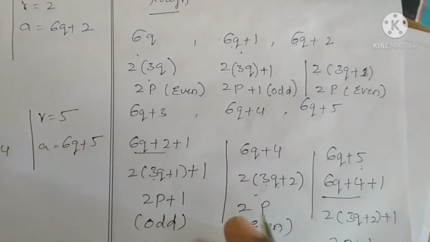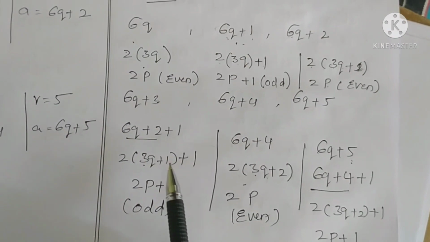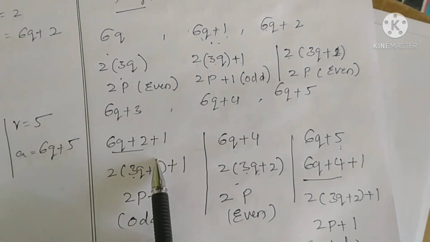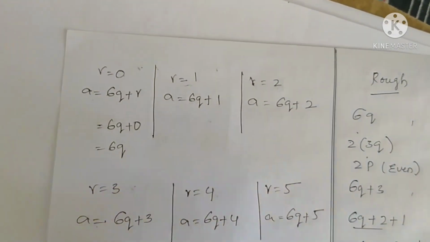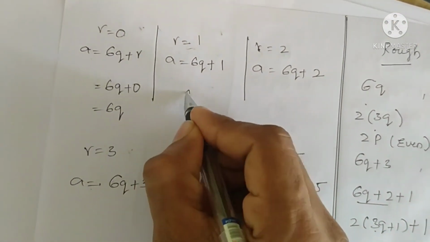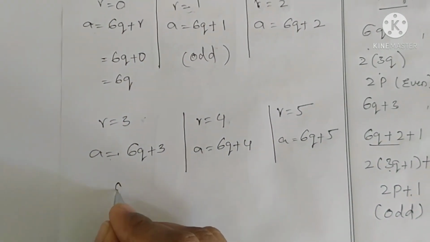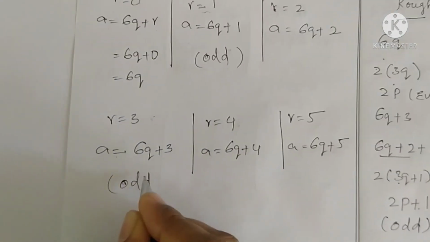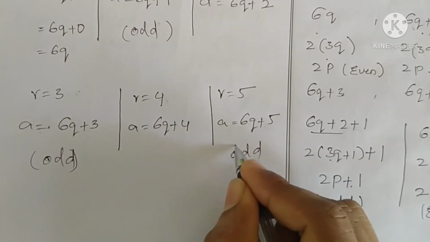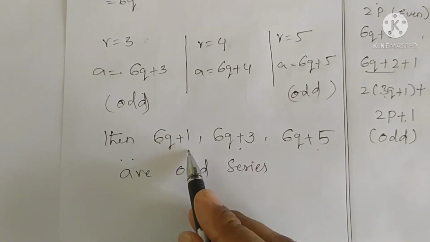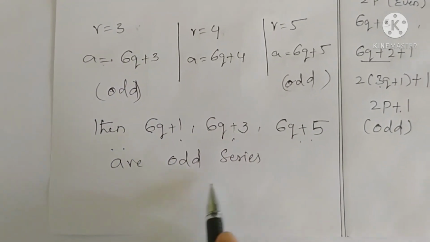So here the odd series numbers are 6q plus 1, 6q plus 3, and 6q plus 5. These are all odd series. So 6q plus 1, 6q plus 3, 6q plus 5 are the odd series.